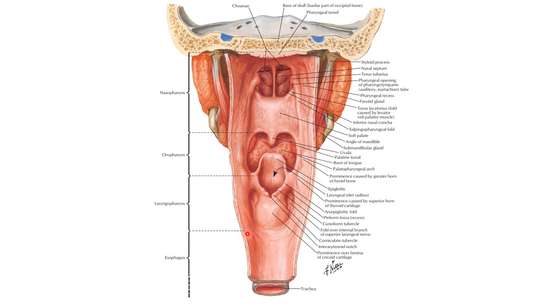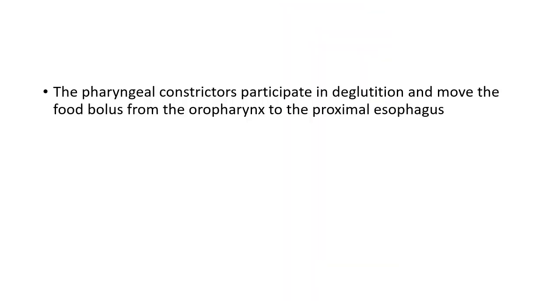And what guards the opening of the esophagus would be the thickening of the cricopharyngeus, which will serve as the superior esophageal sphincter. The pharyngeal constrictors participate in deglutition or swallowing and move the food bolus from the oropharynx to the proximal esophagus.